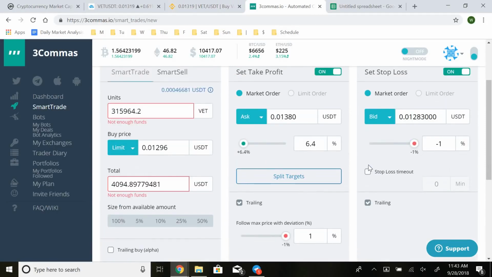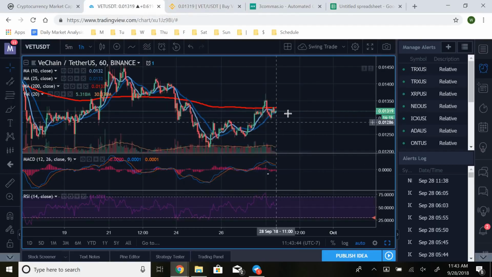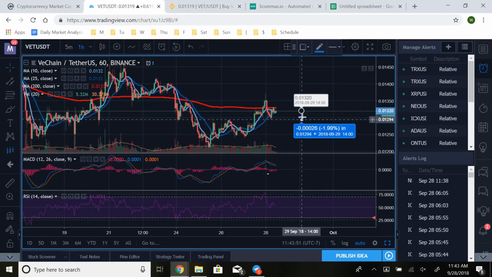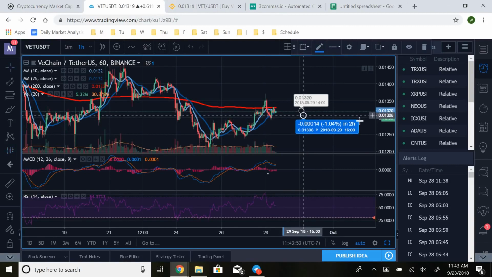So this is something you cannot do with Binance, but is really needed, honestly. So 3Commas does a great thing, allows you to do a trailing stop loss, which is basically going to be this, right? So if you buy in at 1315, let's say, and your stop loss is at 1%, so let's just say 1320, your stop loss is at 1306.